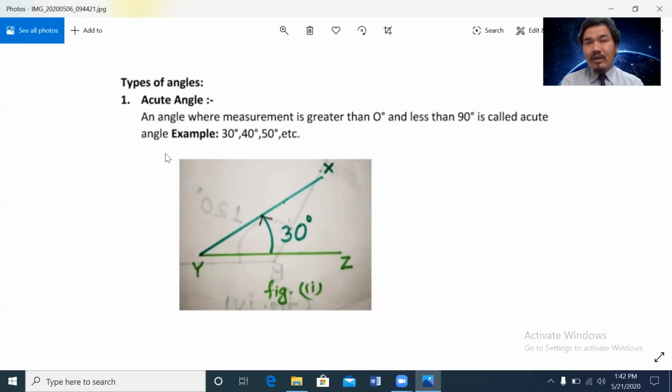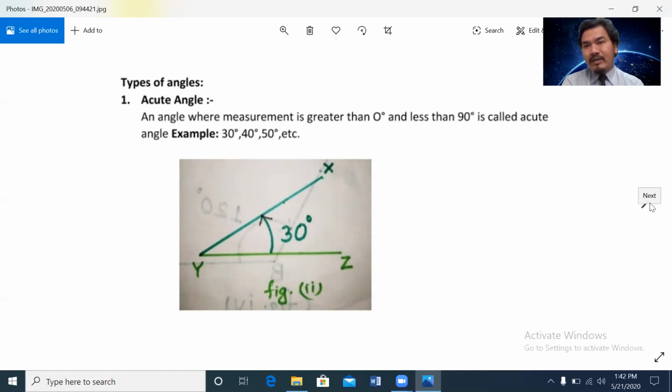For example, 30 degree, 40 degree, 50 degree, etc. Here is one figure of an acute angle, XYZ. This angle XYZ measures 30 degree, that's why it is an acute angle.